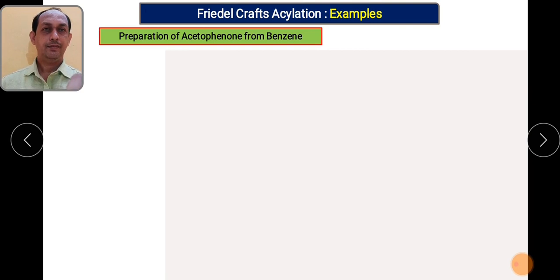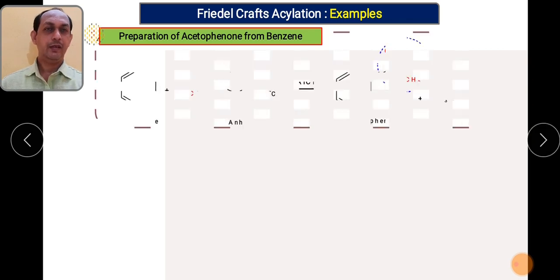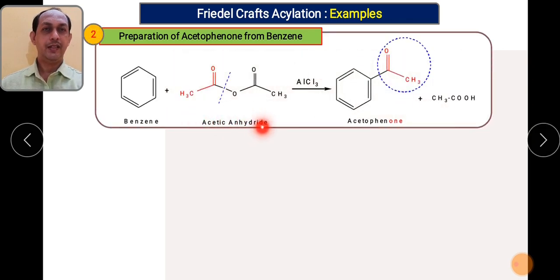Let us see next. Preparation of acetophenone from benzene. Again the same, only in this case we are going to use acetic anhydride. What is the structure of acetic anhydride? CH3CO-O-COCH3. I have told you, the same group on this side and this side of the oxygen, you will observe the same thing. So acetic anhydride and the benzene ring react in the presence of AlCl3 and you will get the formation of COCH3.